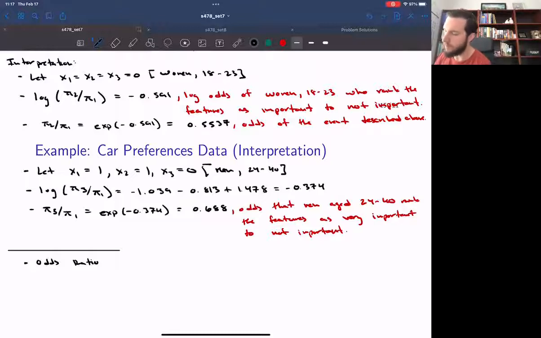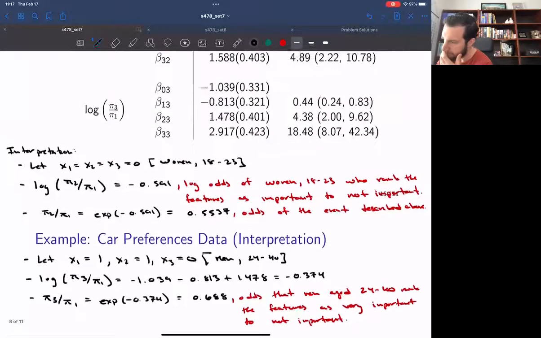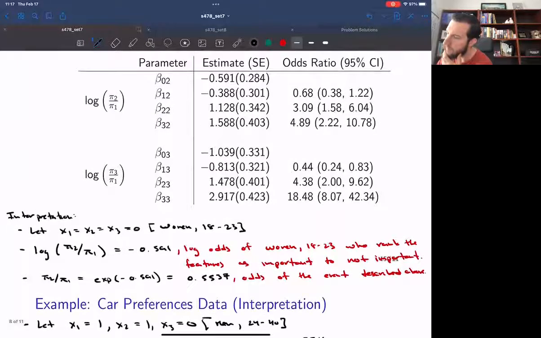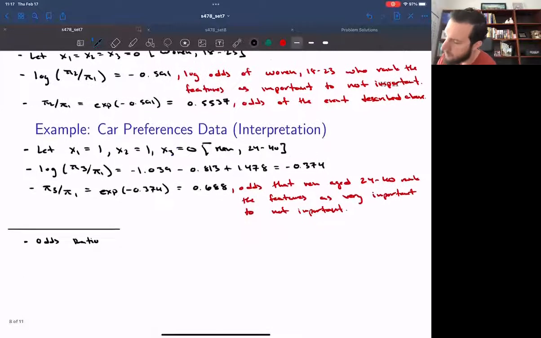So the other thing that we can pull out of this output are the odds ratios. These are going to be the odds ratio representing a particular gender and age group's preference with respect to the preference of the reference level. Let's start with an easy one.